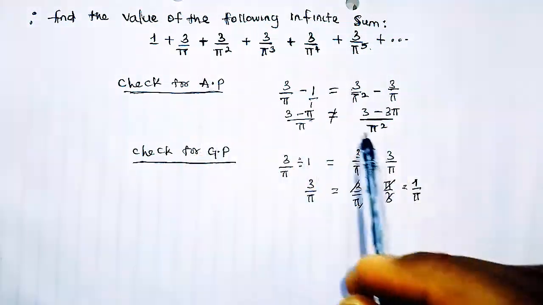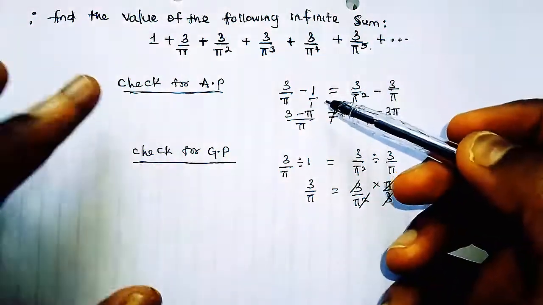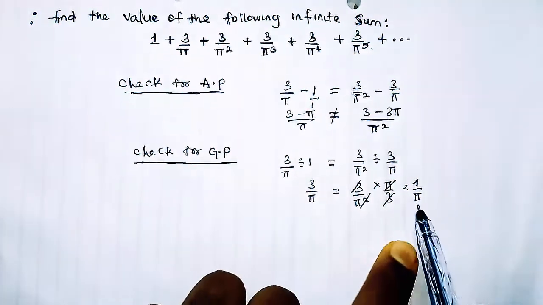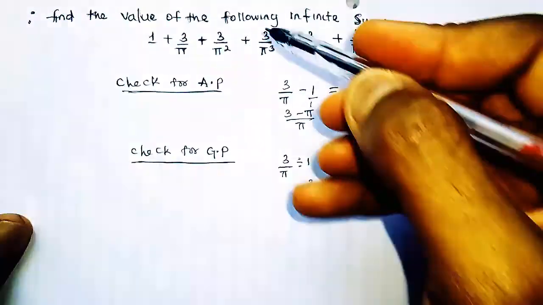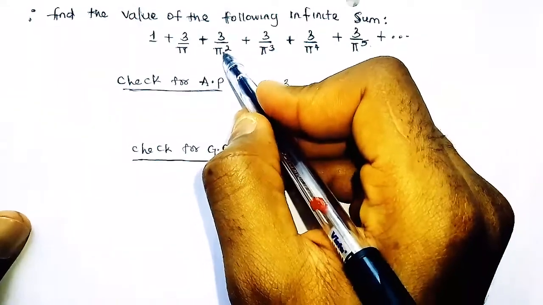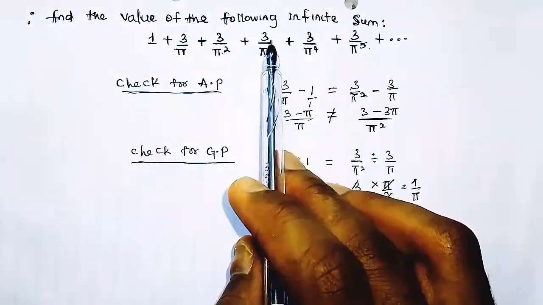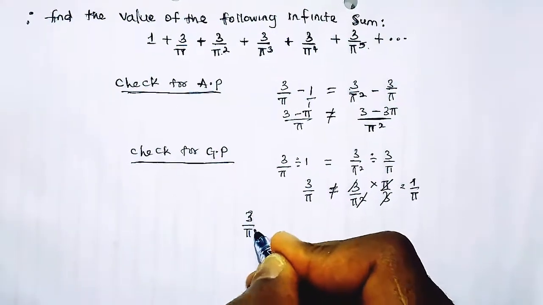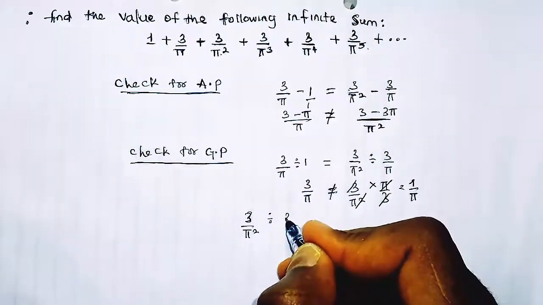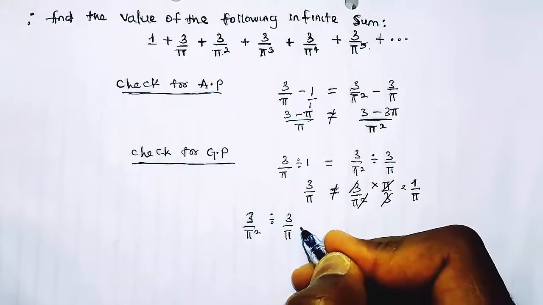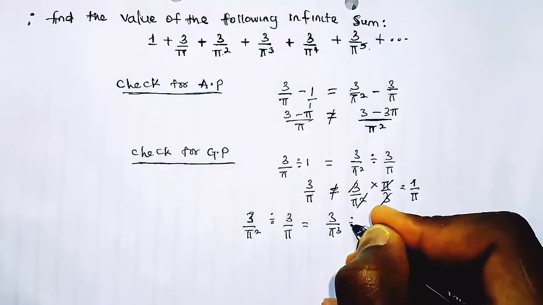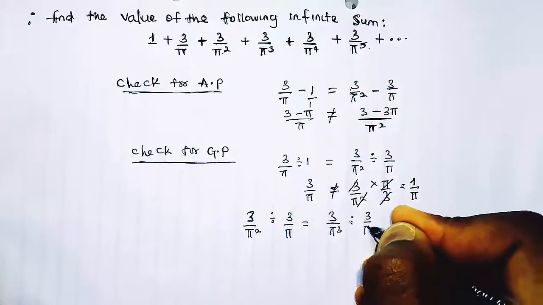So this is definitely not an arithmetic series, but it can still be a geometric series. Now let's check if the third term divided by the second term equals the next ratio. So 3 over pi over 2 divided by 3 over pi should equal 3 over pi over 3 divided by 3 over pi over 2.